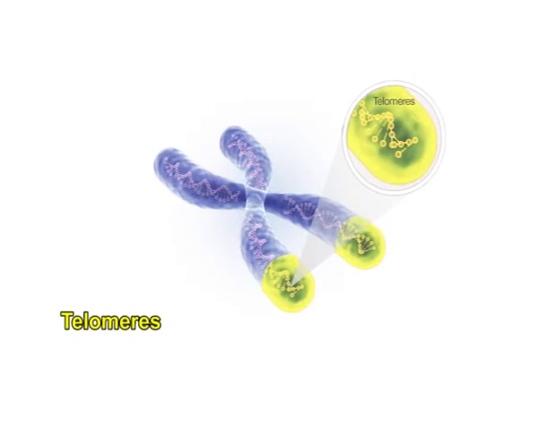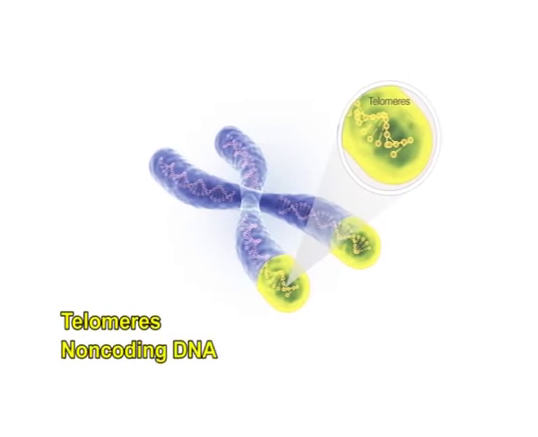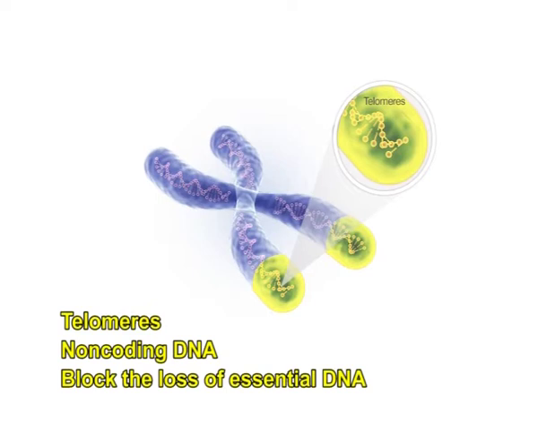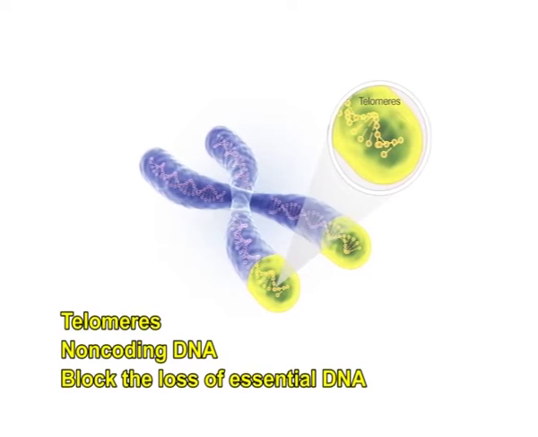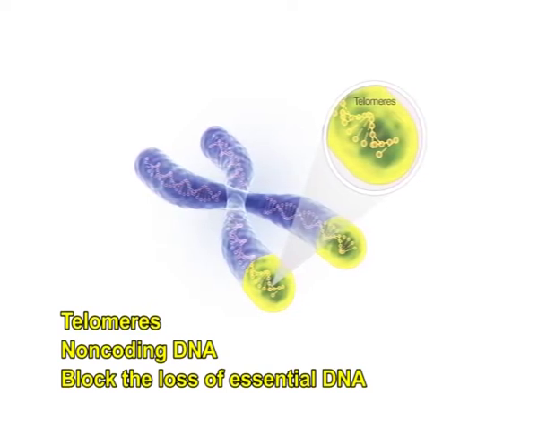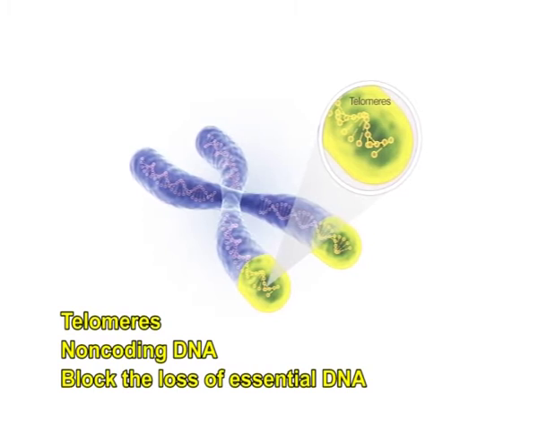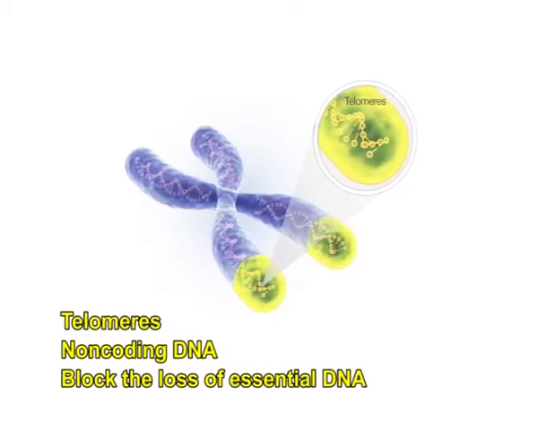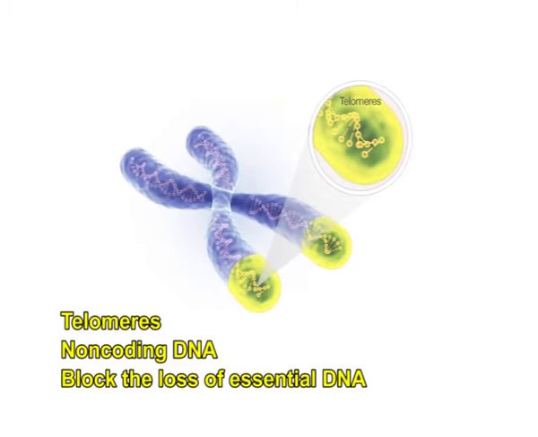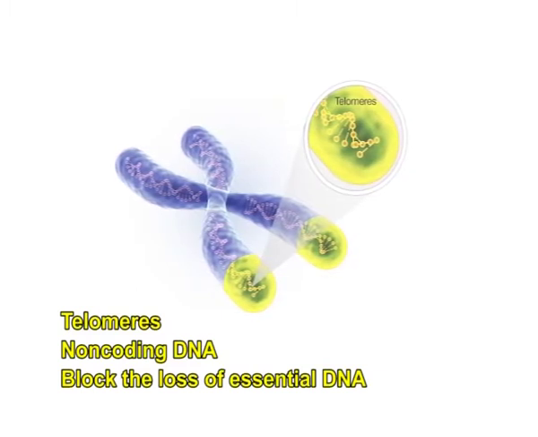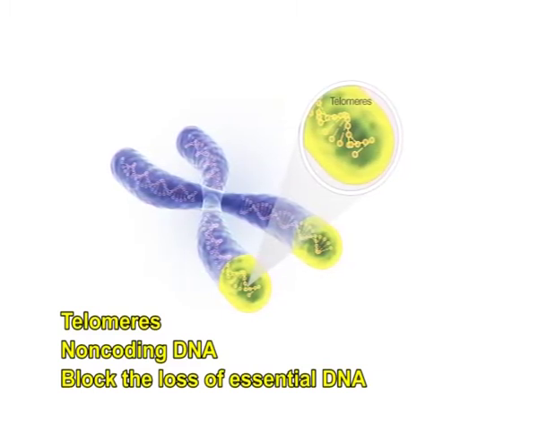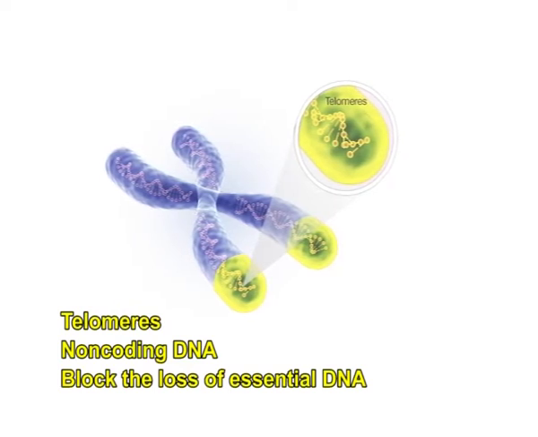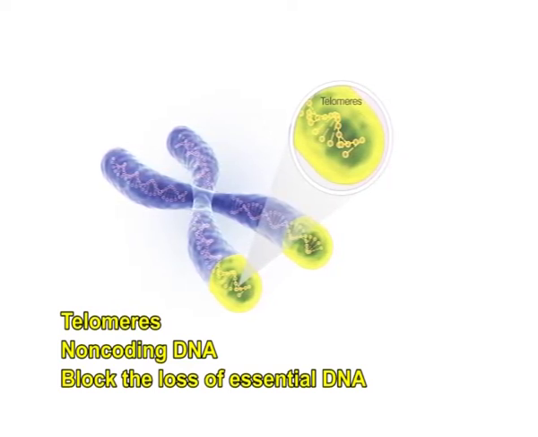The telomeres consist of non-coding DNA and block the loss of essential DNA from the chromosome ends. Telomerase is a reverse transcriptase, which carries its own RNA molecule that is used as a template during telomere elongation, since telomeres are shortened after each and every replication cycle.